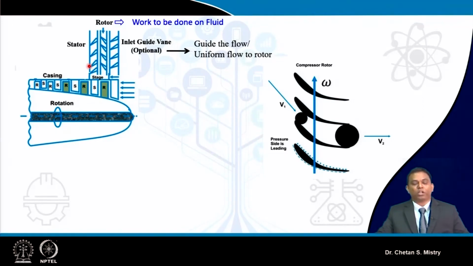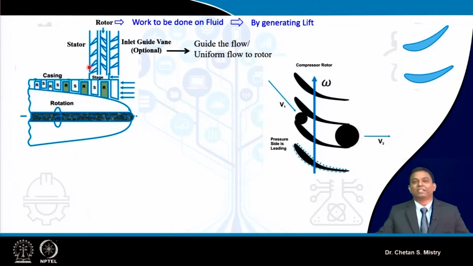For the rotor, we use it to do work on the working fluid, because we are raising our pressure. For raising pressure, we need to do work on the working fluid. Now this can be done by using the concept of lift. You will say lift is related to the aerofoil.